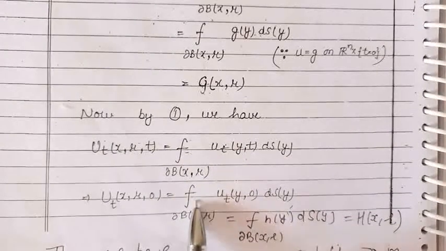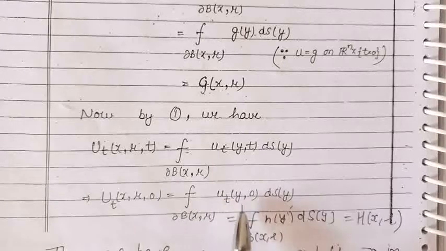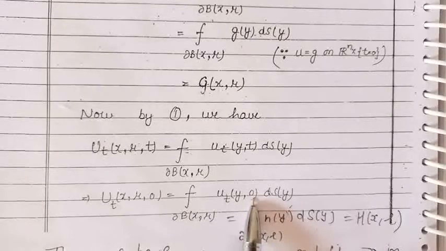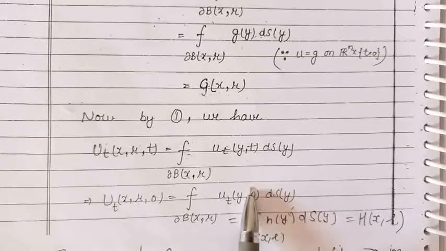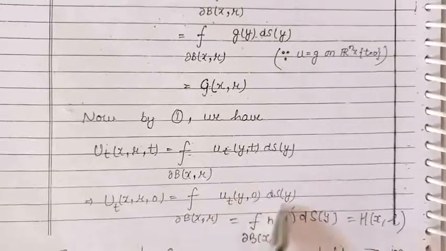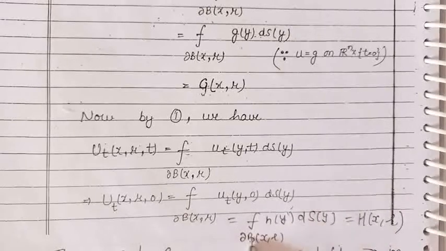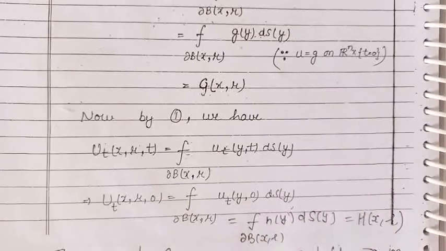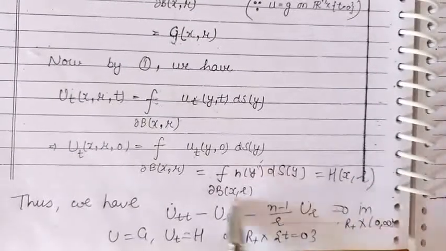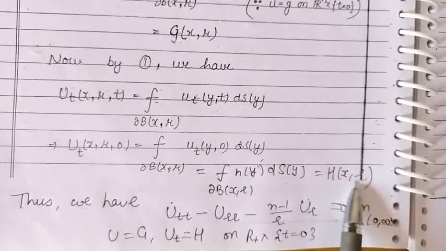So on the right hand side we have the average integral of ∂u/∂t at the point y, 0, and we are given in the statement when time coordinate is 0, ∂u/∂t is h. So this will become the average of the function small h over the sphere with center x, radius r. And according to the notations which we discussed, this is denoted by capital H at the point x, r.